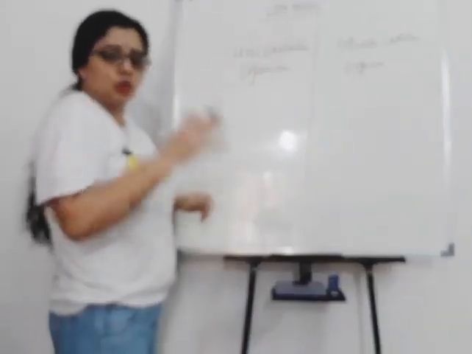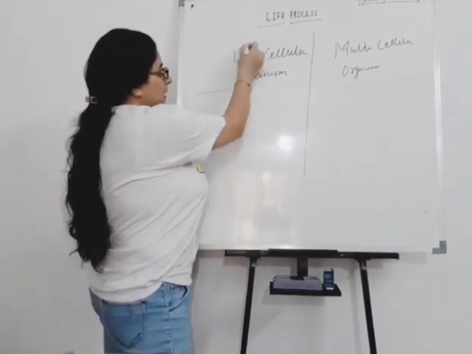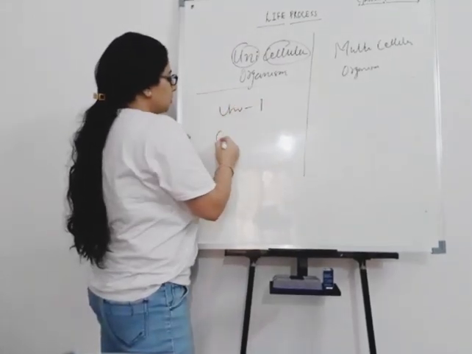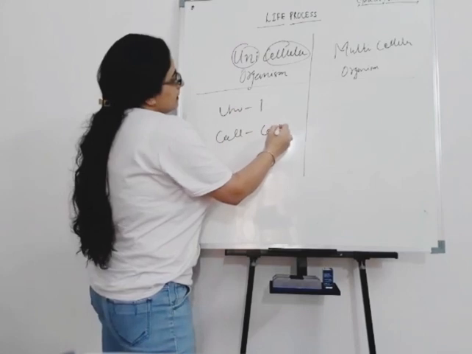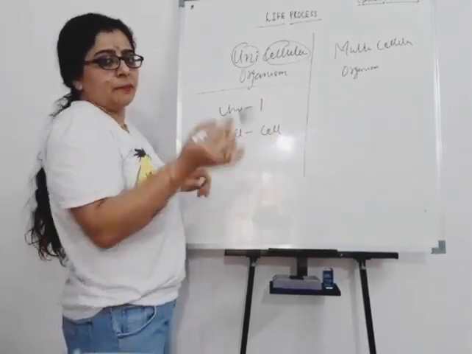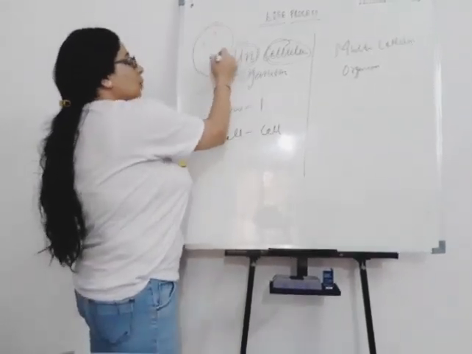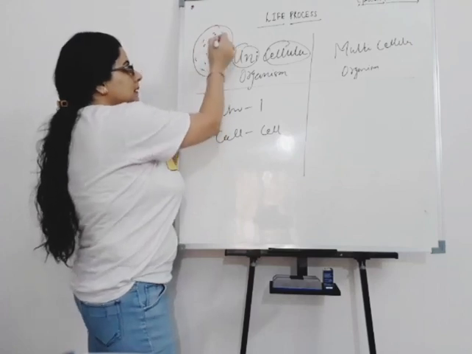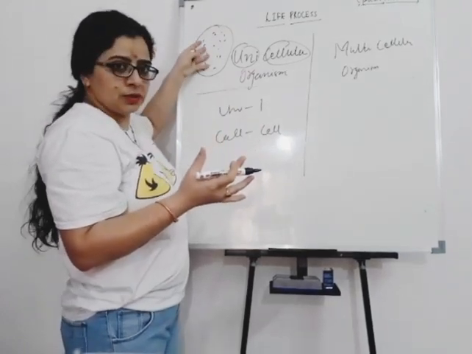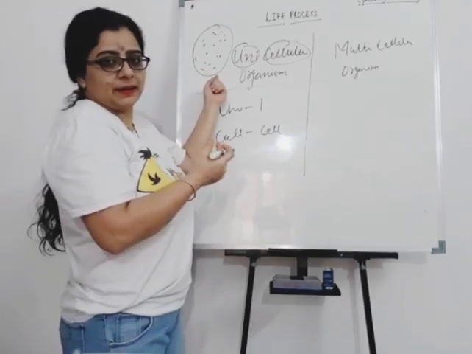Unicellular organisms are those which consist of only one cell. As you divide the word, you will get to know that uni means one, cellular means cell. A very good example of a unicellular organism is bacteria. Bacteria consist of only one cell. In this cell, we don't need any complex organ system. A simple diffusion is enough for the survival of the bacteria.